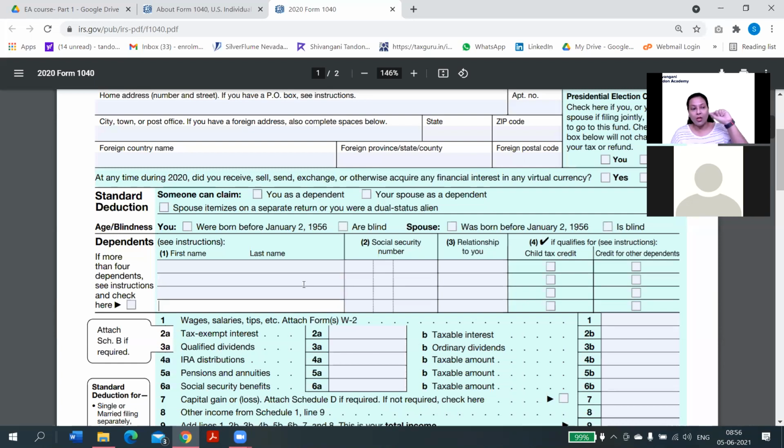So even if you are due to pay $5,000 taxes to the government and you say I have 3 dependents, based on each dependent your $5,000 taxes would be reduced. Okay, it will be reduced to a limit, not like 5,000 is coming to 500, that doesn't work, but it will be reduced by some $1,000. Okay.